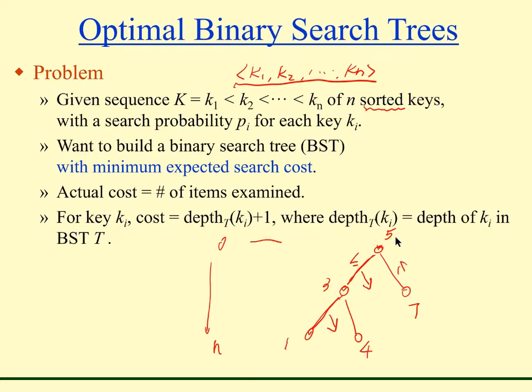Okay, and the depth of this one is just the k's depth in the BST tree T. So we also want to mention, in fact, here there's a little bit of deviation from the book example. We don't consider, for example, if we search the tree, the elements that are not in this tree, right? So we don't consider that one.